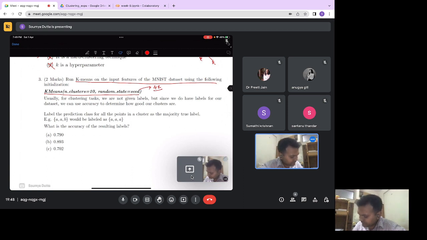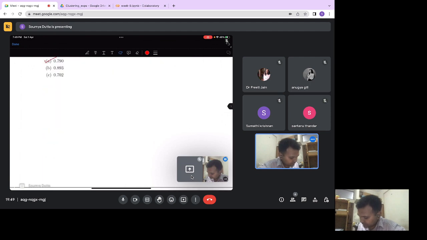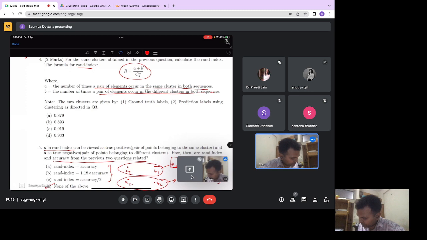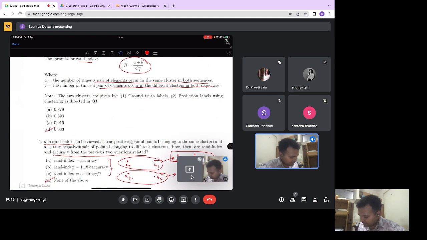Label the prediction class for all the points in a cluster as the majority true label. What is the accuracy of the resulting labels? It was 79 point something. What is the RAND index for this? I think it was 0.93. Yes, 93.